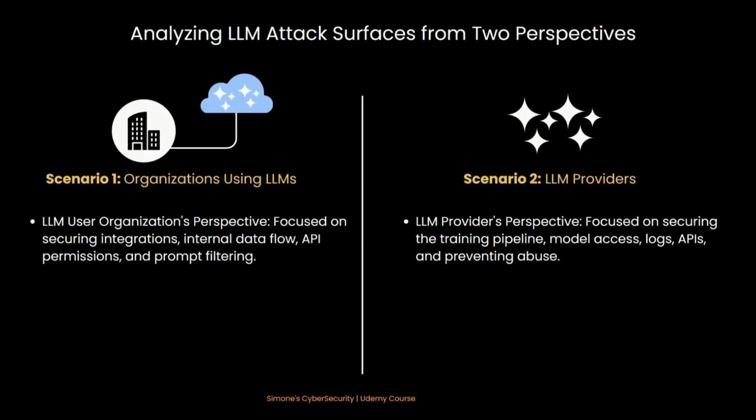Now that we have seen why LLMs have a significantly larger and more complex attack surface, let's take a step further and analyze this risk from two different perspectives. The first perspective is that of user organizations, companies that adopt and integrate large language models into their workflows, applications, or customer-facing tools.